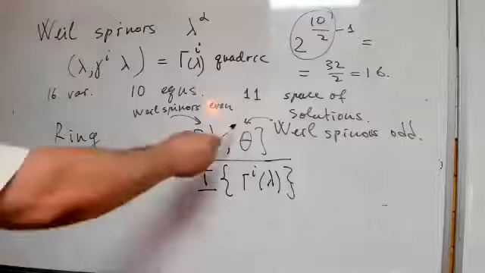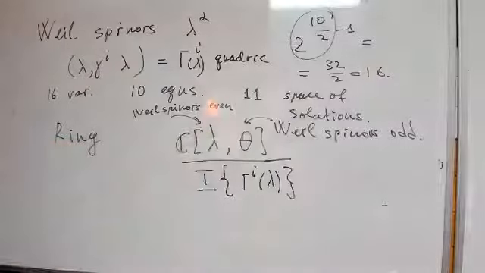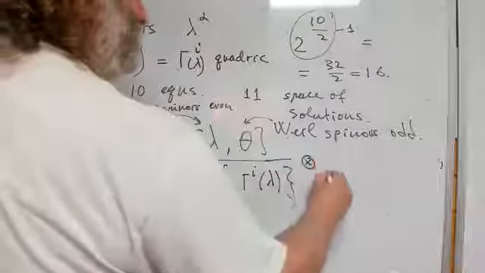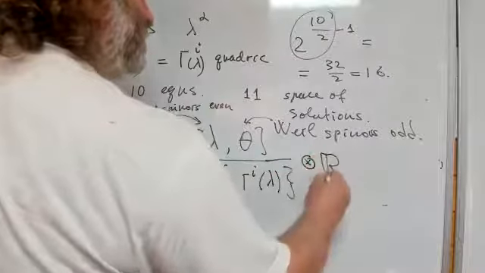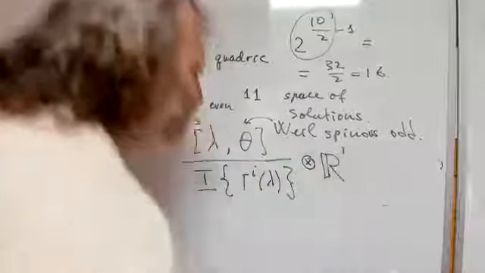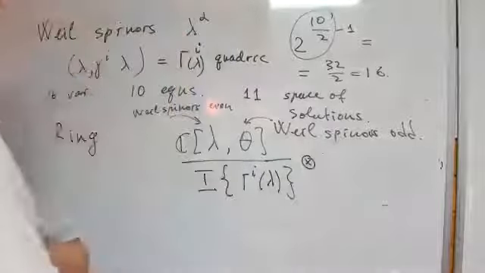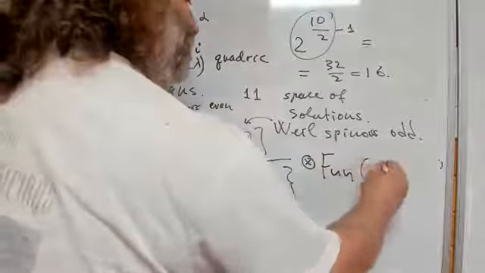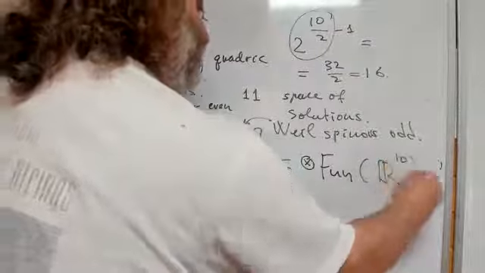And then I'm doing nothing with thetas. And I multiply it by functions on R10.